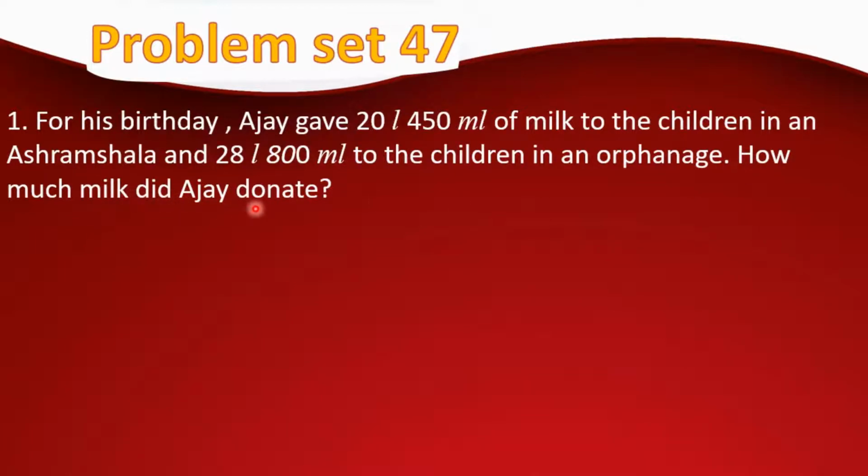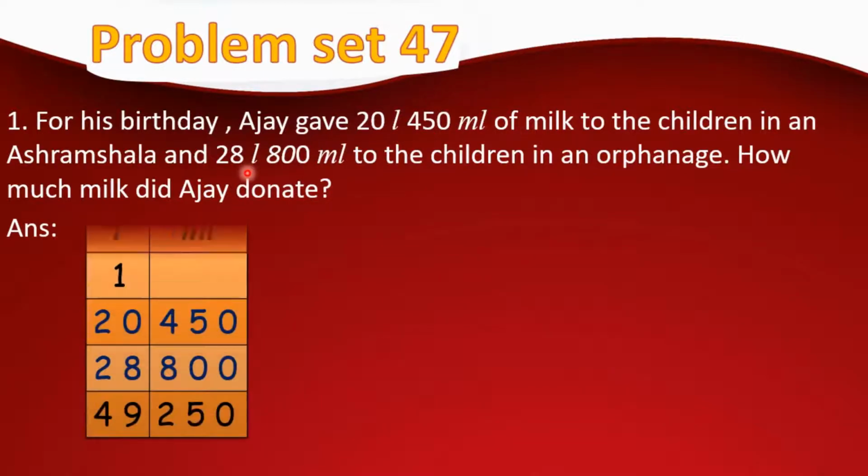So here we know that 20 liter and 450 milliliter of milk Ajay donated to the children in ashram shala and 28 liter 800 milliliter he had donated to the children in an orphanage. So to find out the total amount of milk Ajay donated, we need to add these two amounts of milk.